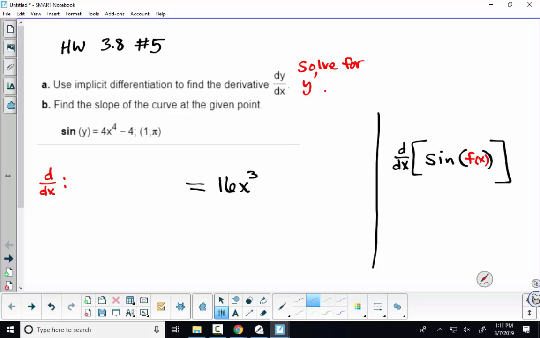Yeah, you have to use the chain rule. So how will we take the derivative of the sine of f of x? It's cosine f of x, right? Partially, times f prime of x.